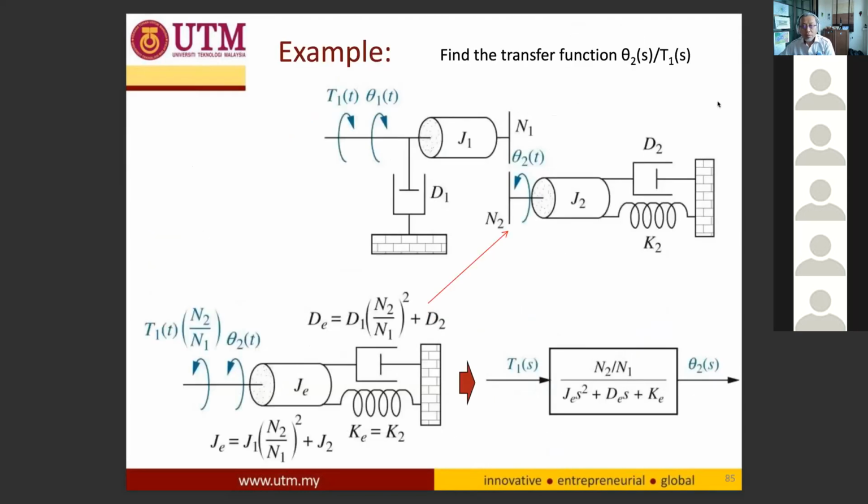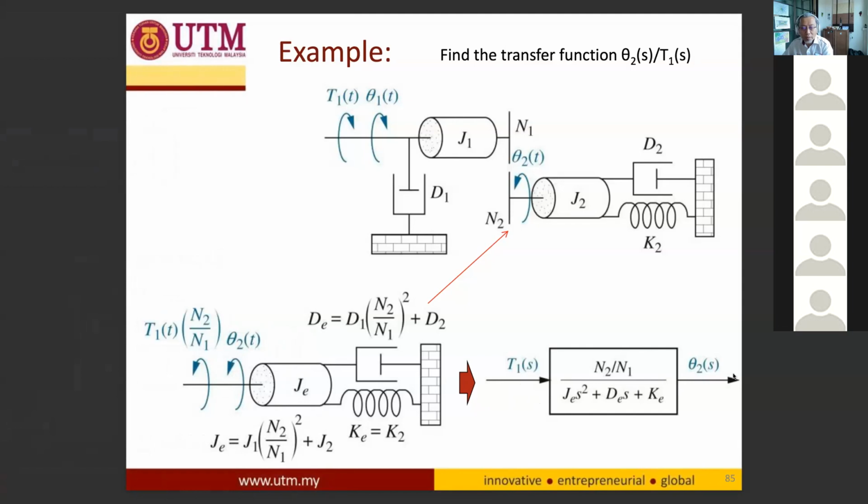So you are given an example here. Find theta 2 over T1. T1 is your input, and theta 2, which is the angular displacement of gear 2, is the output. By referring to this part, the equivalent system is represented by this diagram, where the input is T1, with the viscous damper DE, the inertia JE, and the spring KE, which can be modeled as shown here.